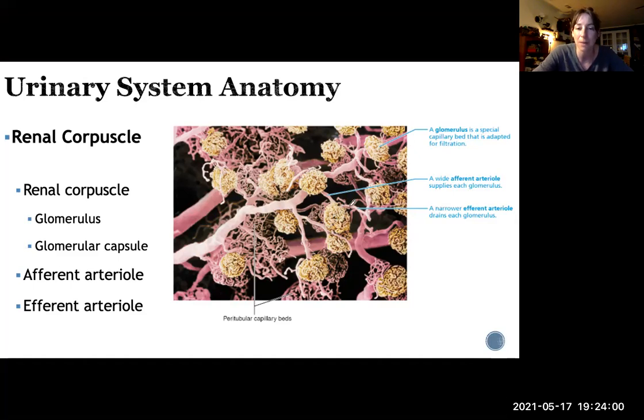But this is a very, very zoomed in, molecular level image of the cortex of your kidneys. This is the renal cortex.